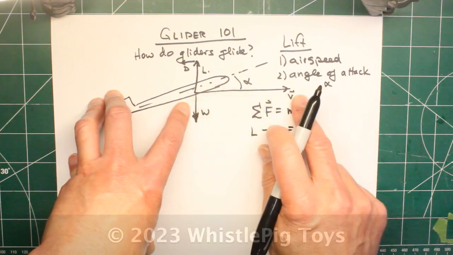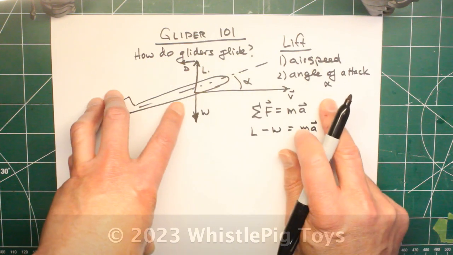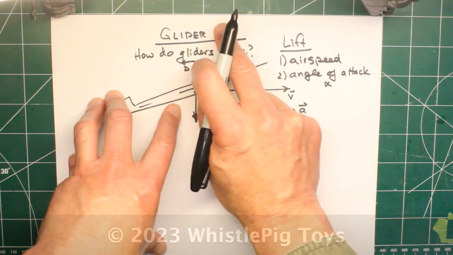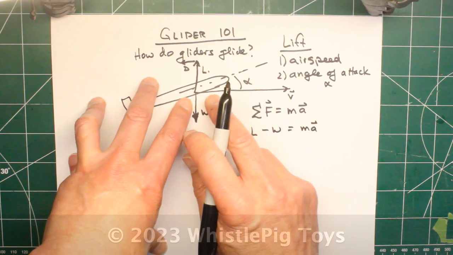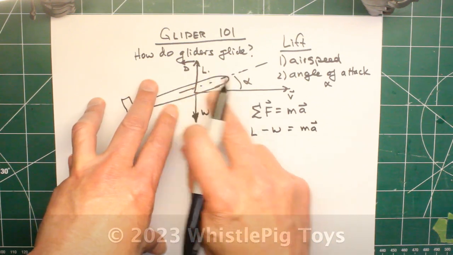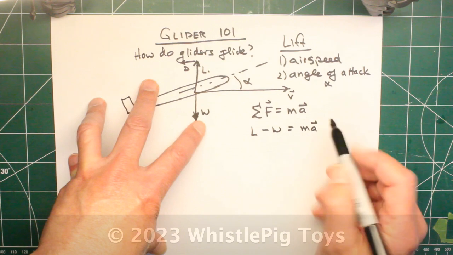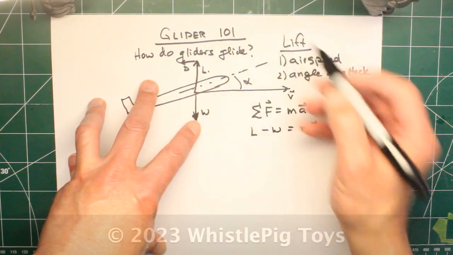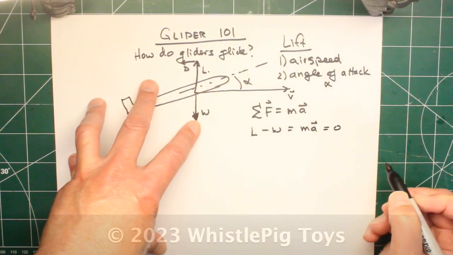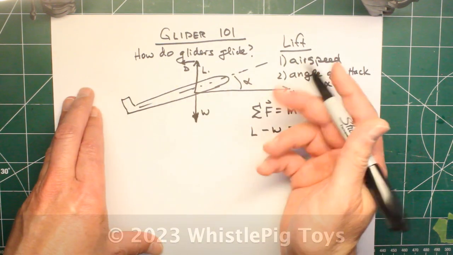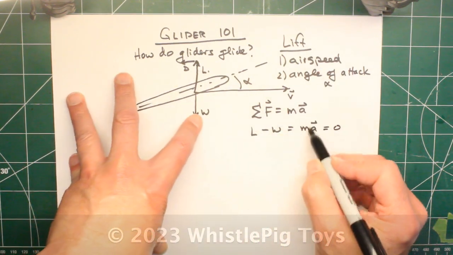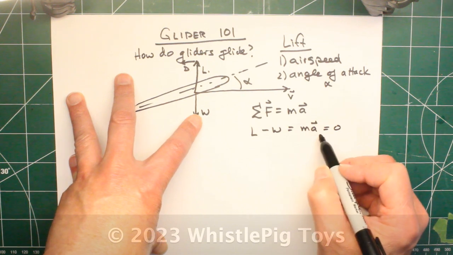Okay, well, what do we know about this picture? We know that the airplane is traveling in a straight line this way. That means that it doesn't have any velocity up, and it doesn't have any velocity down. And it also means that the velocity is not changing. It's zero and it's staying zero. That means that the acceleration in this direction is equal to zero. Well, we know the mass of the airplane can't be zero because it's an airplane. So all that's left is that the acceleration must be zero.